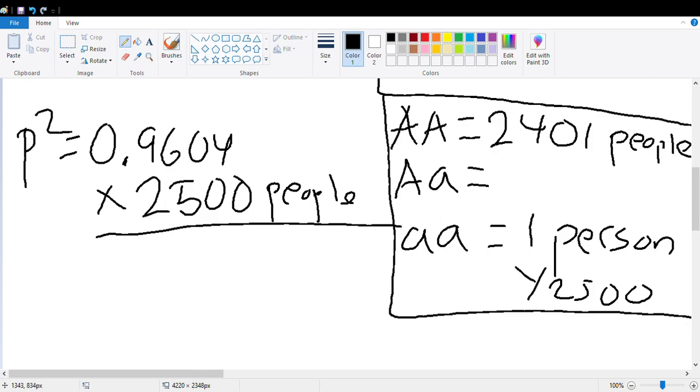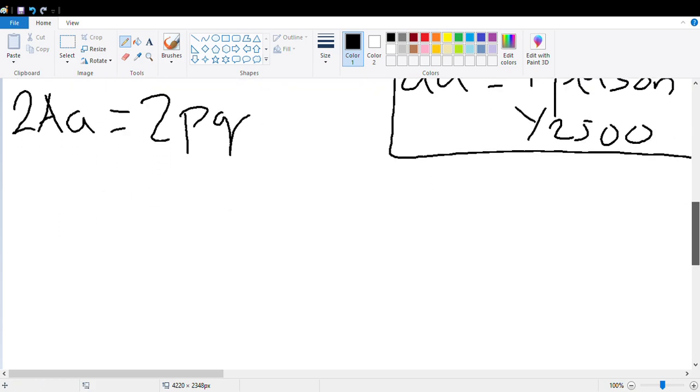So, how do we figure out the carriers? Let's say someone asks you for the carriers. Well, the carriers are always big A small a, which is the frequency of 2pq. So that's 2 times p times q, 2 times 0.98.